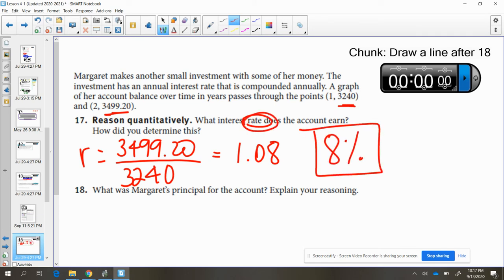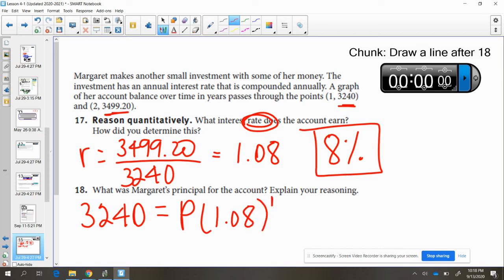based on that information from the graph, which means if we want to find the principal from this, then we can take year 2, very similar to our geometric sequence setup, year 1, the principal, because we have year 1's value, is what we're looking for, 1.08, and again, this is year 1's value, so to the first power.